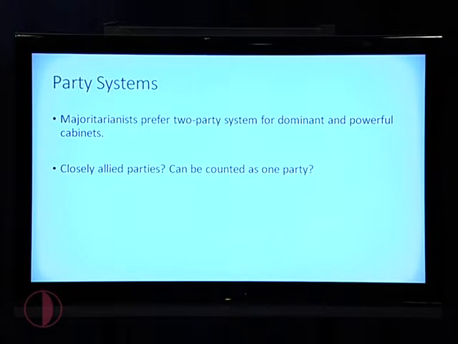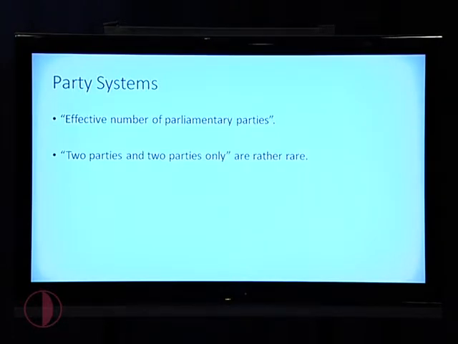According to Professor Lijphart, there are some criteria for that. And we also need to take into account the effective number of parliamentary parties, how many parties there are in the parliament. And we should keep in mind that two parties and only two parties are rather rare. So it is not very usual to have one party in government and one party in opposition.